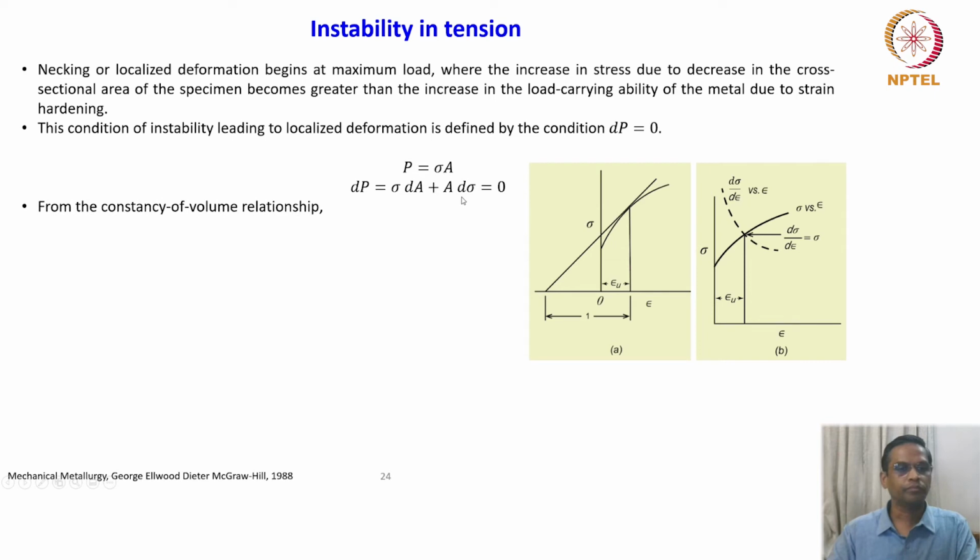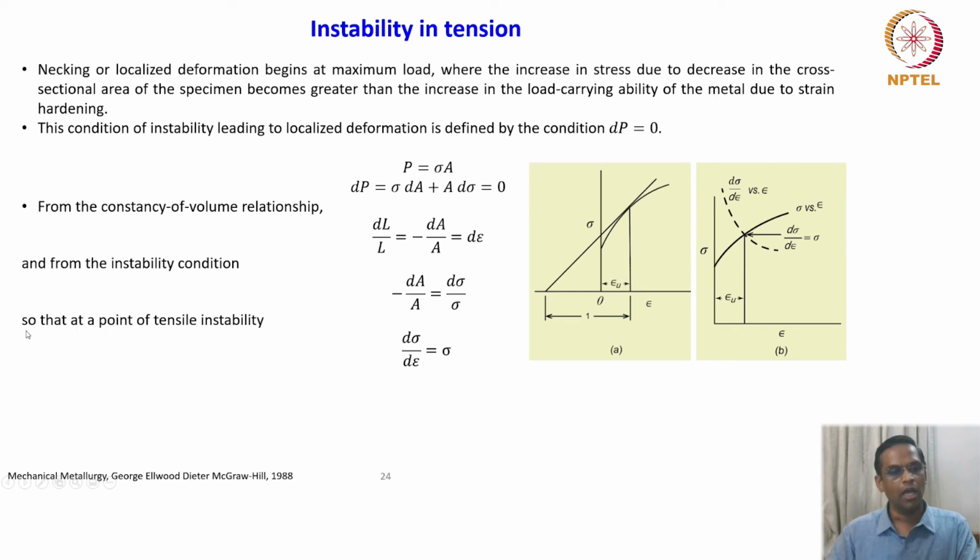From the volume constancy relationship, we can write dL by L is equal to minus dA by A, which is equal to d epsilon. And if you apply the instability condition dP equal to 0, then minus dA by A is equal to d sigma by sigma. So at the point of tensile instability, we reach the equation d sigma by d epsilon is equal to sigma. This is a very, very useful and important relation.